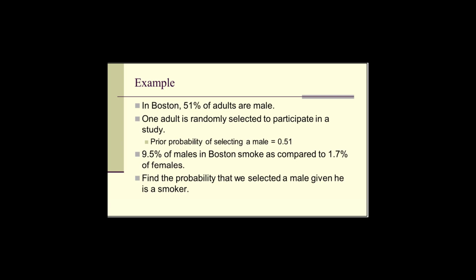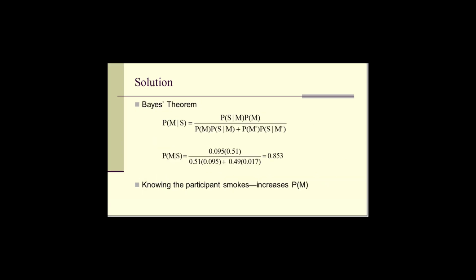And the probability that an individual smokes if she is a female is 0.017. I have everything I need to apply Bayes' theorem. Be sure to show your work on the exam to get partial credit if your calculation was not perfect.